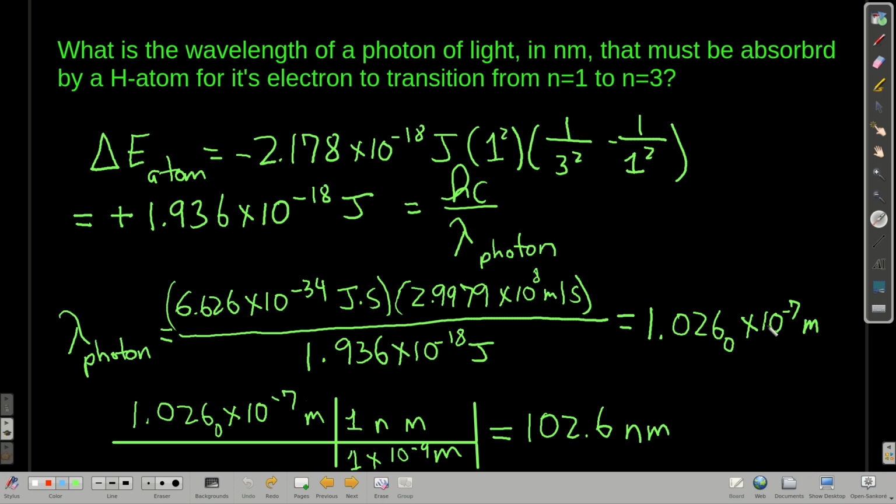So 1.026 times 10 to the minus 7th meters. We wanted nanometers, so we just divide by 1 times 10 to the minus 9th, and we get 102.6 nanometers. So when that hydrogen atom that's in the n equals 1 state absorbs a photon with wavelength 102.6 nanometers, it will go up to n equals 3. It won't stay there, it's going to eventually fall back down, but that's another story.